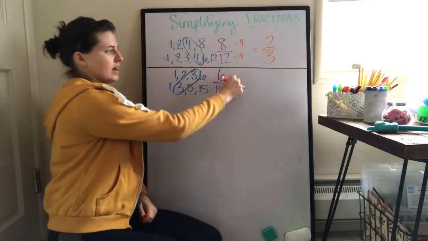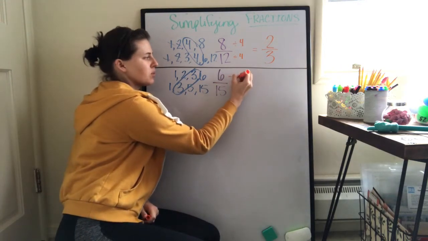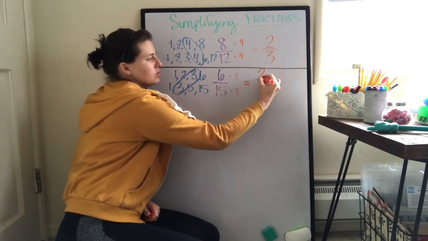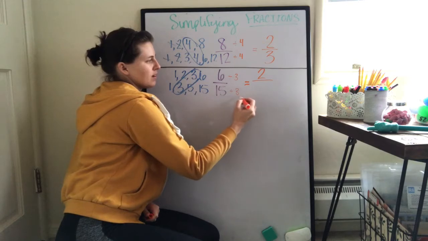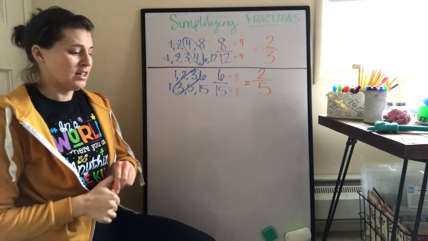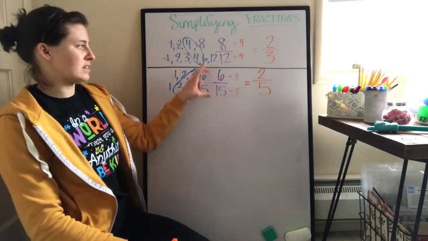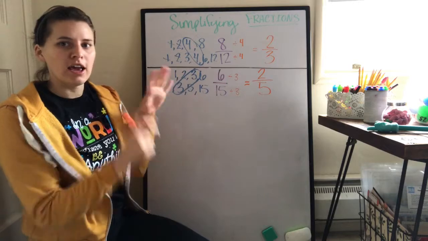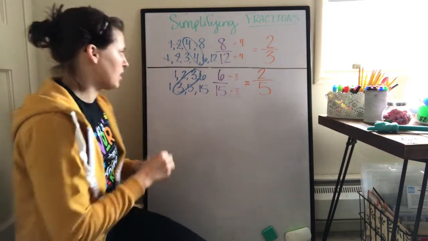So we're going to divide by 3. 6 divided by 3 is 2. 15 divided by 3 is 5. So if we drew this out, or if we had tiles that match this, we could see that 6/15 is the same thing as 2/5. Let's do another one.